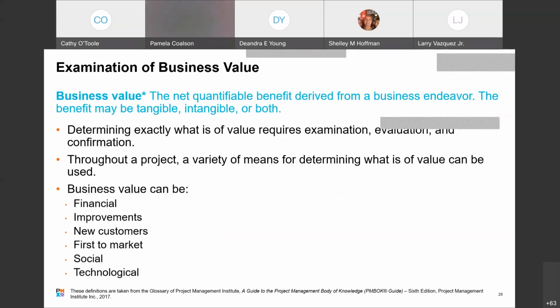Okay, so what is business value? This is the net quantifiable benefit derived from a business endeavor. And the benefit can be considered tangible, intangible, or both. So an example of a tangible benefit is, it's going to make us money.